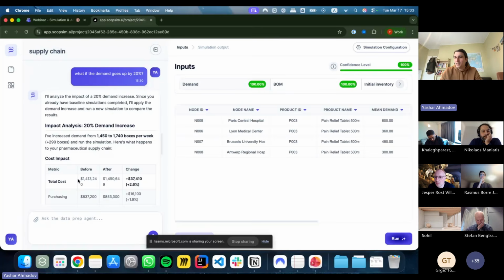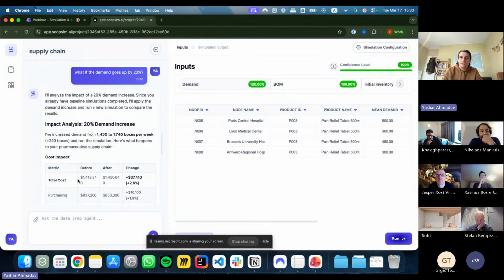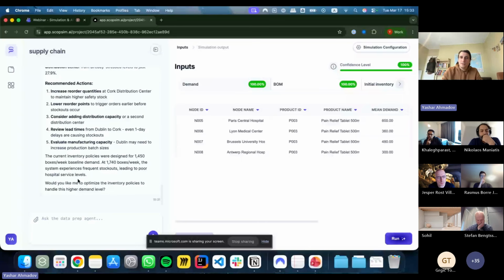If you ask for a different type of KPI that's not there, it can compute that. If you tell it you have a specific thing, like cold supply chains, that's not coded there, AI can do this kind of thing.